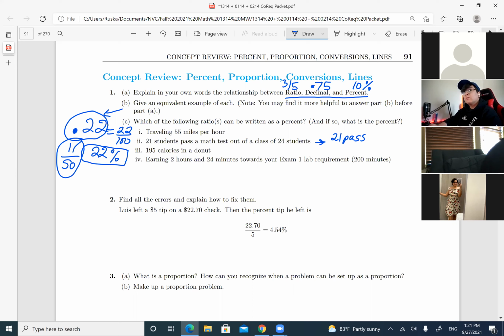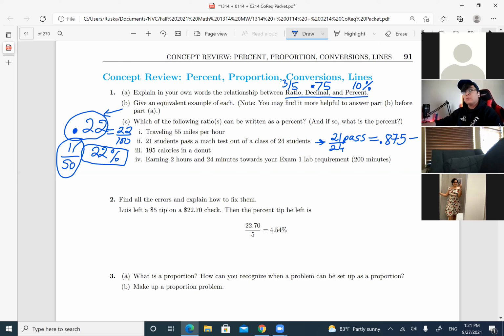So 21 out of 24 pass the math test. So what is that in percent? What do you need to do? You can just divide 21 divided by 24. And then that's the decimal form. What is the decimal form? It's 0.875. That's right.